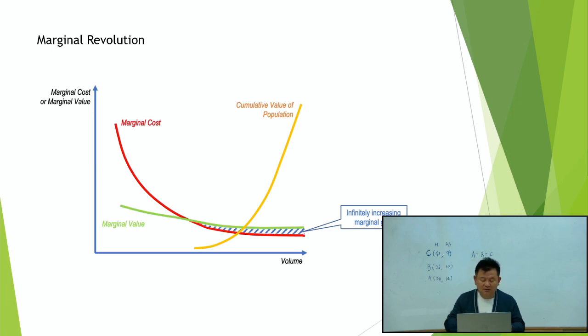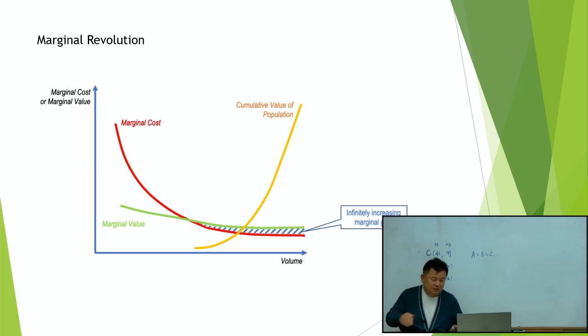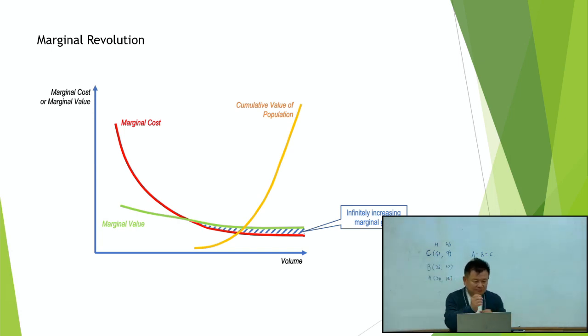Also, the cumulative value of the population is this yellow curve. This part is the marginal gains. So as we increase the volume, the marginal gains increase a little bit. Okay, this is marginalism in pictures.